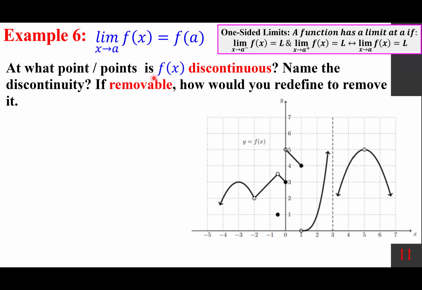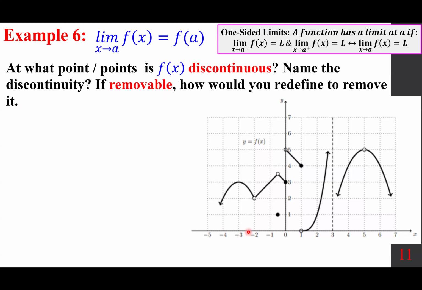At what point or points is f of x discontinuous? Name the discontinuity. If removable, how would you redefine it to remove it? First, we want to figure out where the function fails to be continuous. We start from the left and go to the right.